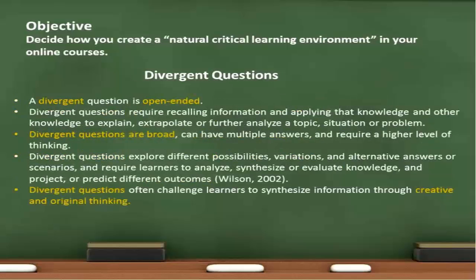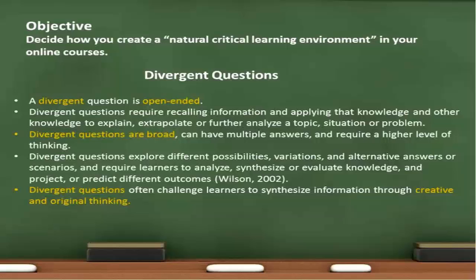Now divergent questions are open-ended. You're going to have to come up with some information or recall some information and apply what you recall to explain or extrapolate or further analyze a topic, situation, or problem. So it's open-ended, and there isn't one right answer.